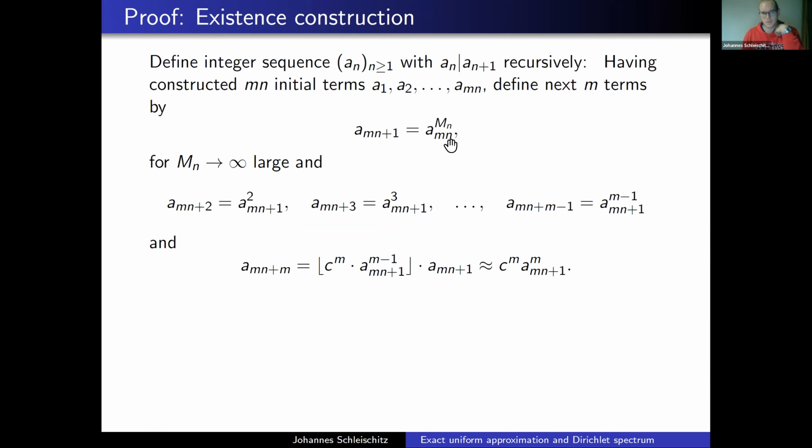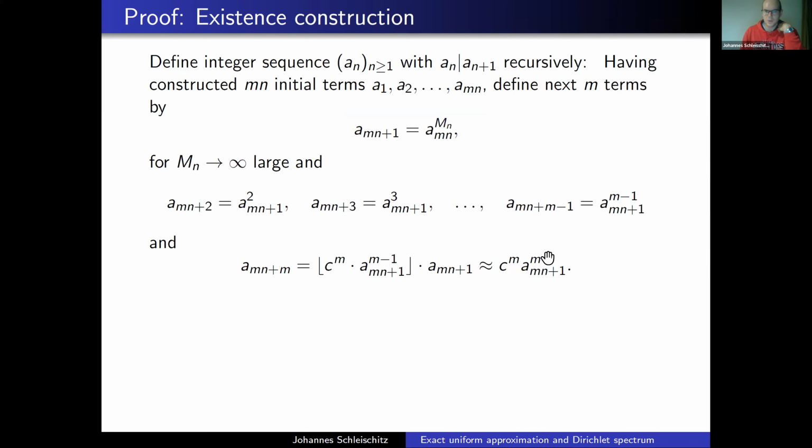I take the last number that I had and raise it to some large power to get a_{m+1}. So there will be huge gaps in here. This will cause the vector to be Liouville also directly. And then I take powers of this new number a_{m+1}: square, cube, and so on, up to power m minus 1.